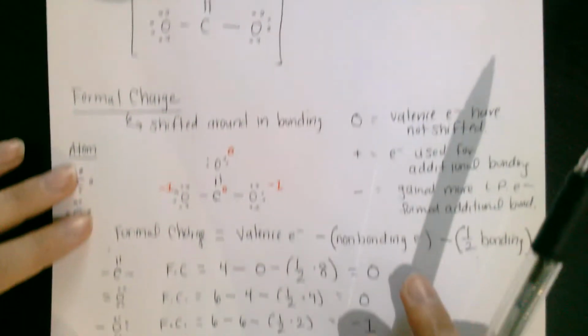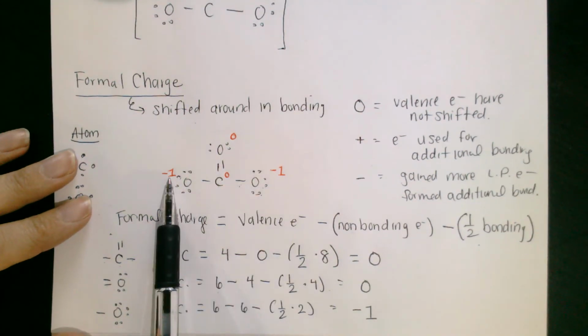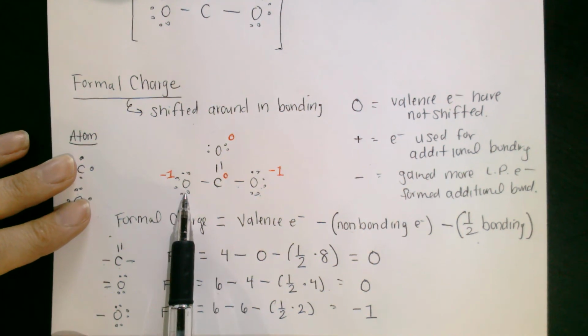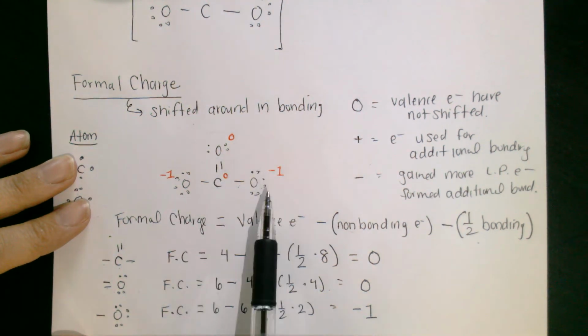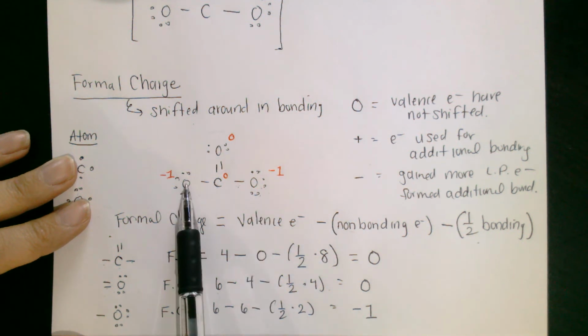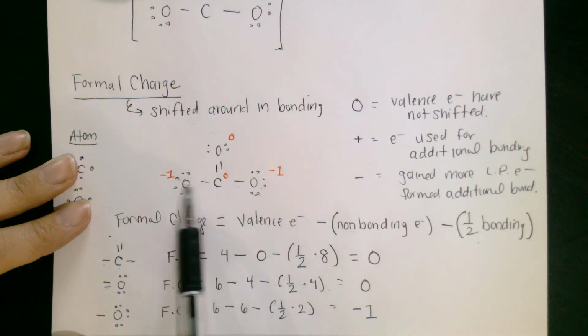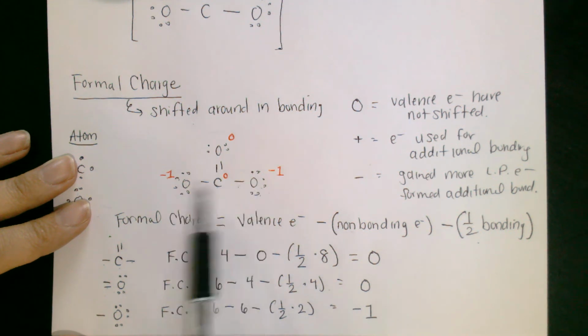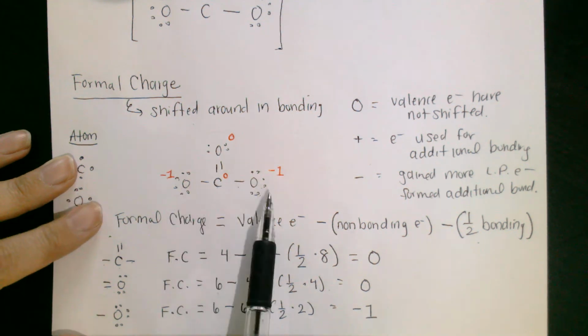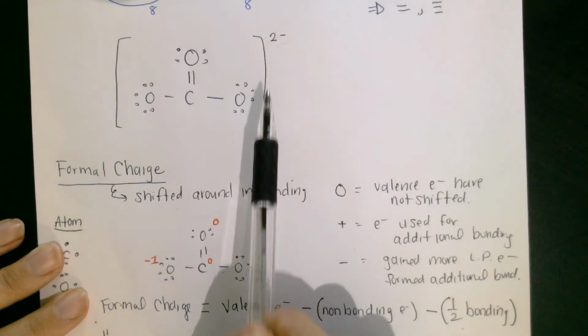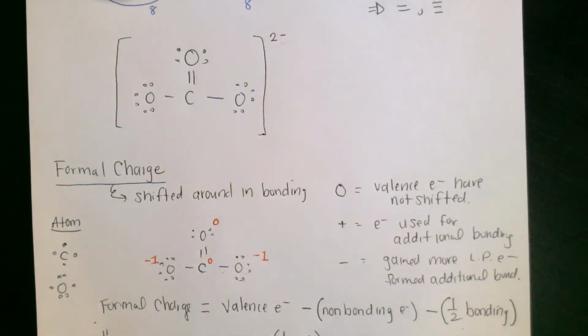One of them is essentially here in this valence shell, and the other one is essentially here in this valence shell. Those 2 extra electrons turned out to be right here, and we know that because of the formal charges of minus 1 and minus 1.